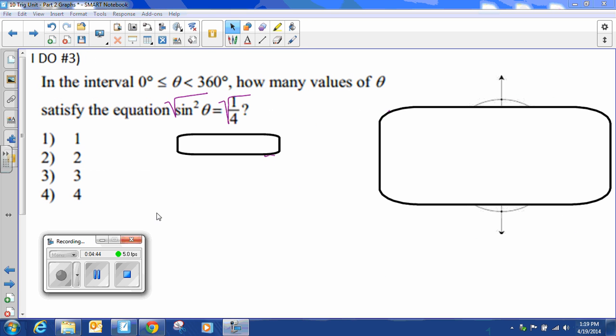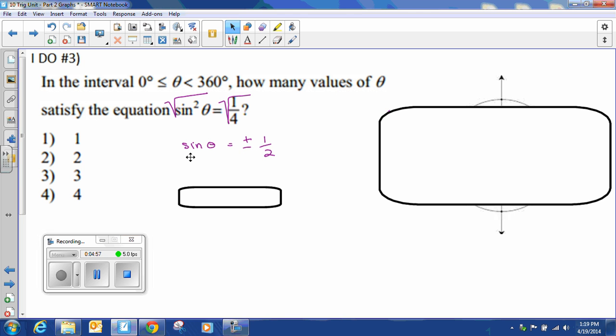Number 3, we're going to solve this by taking the square root of both sides, because hopefully you recognize that this is a perfect square and this is a perfect square. So we end up with sine of theta equals plus minus 1/2.